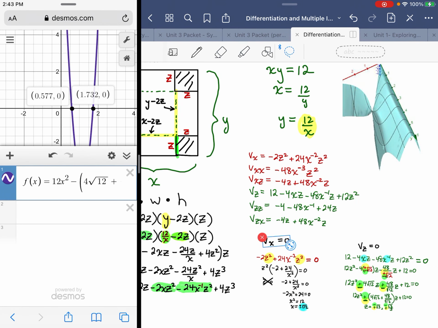So we have our critical values. That took a while, but we got there. Now what we need to do is analyze those critical values using the second derivatives test.